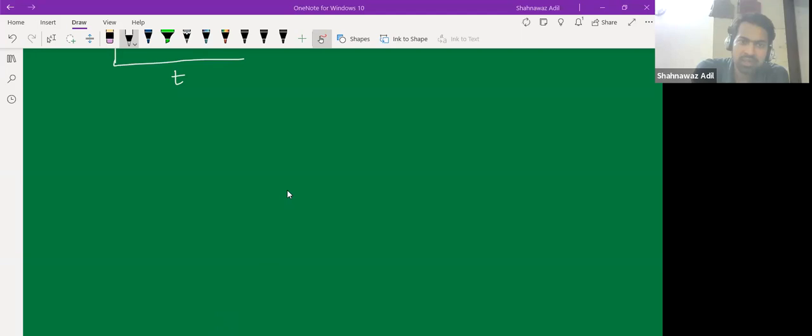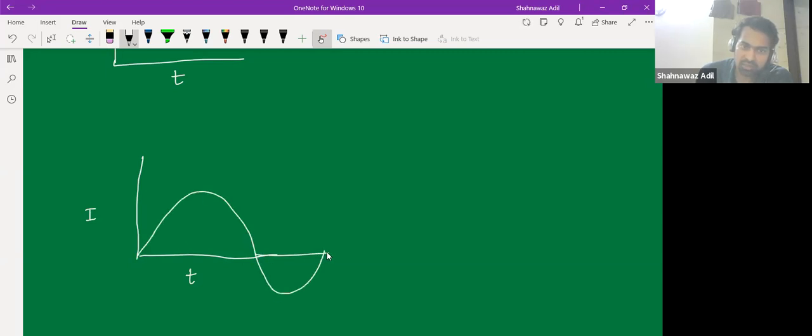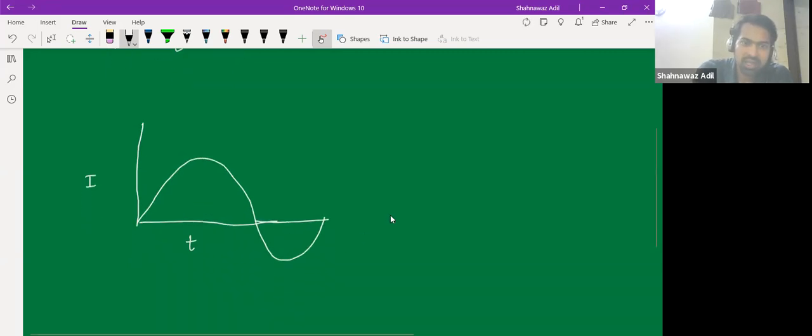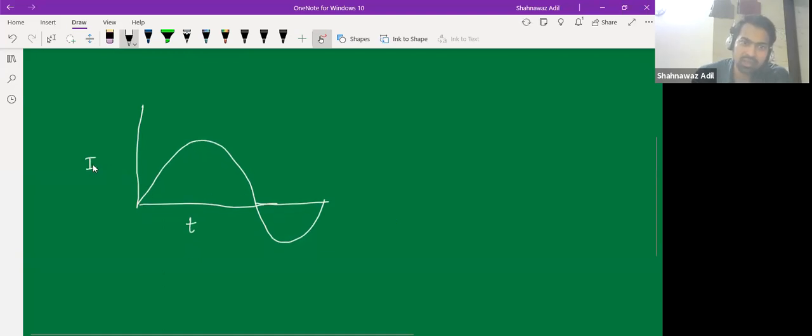Now in some cases, it may happen that you have time and you have some current, and this would be fluctuating, right? So it may happen that current is fluctuating. It is increasing and then decreasing and then increasing again.